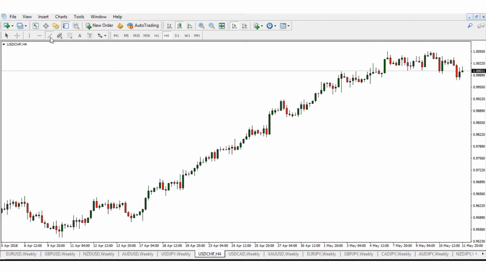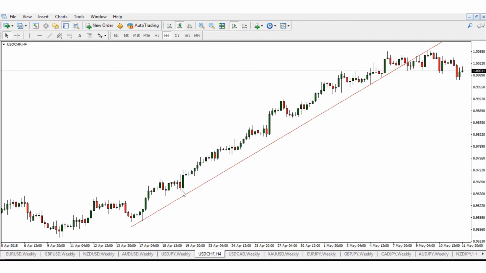So this is just how to draw the trend line. In an uptrend, you just connect the lows of the trend. These are the lows of the trend.